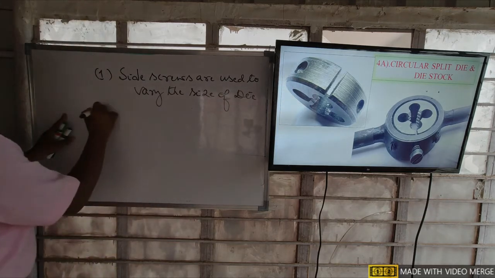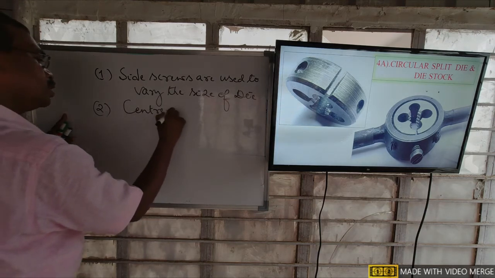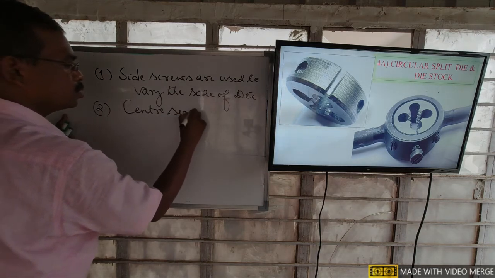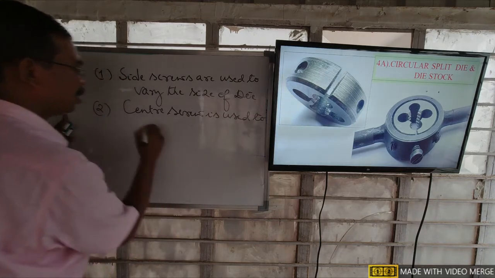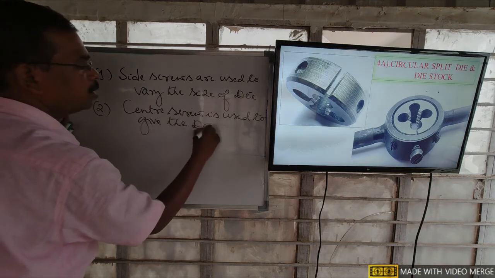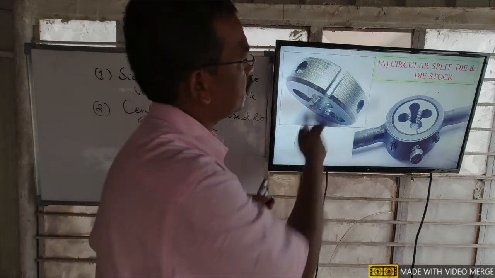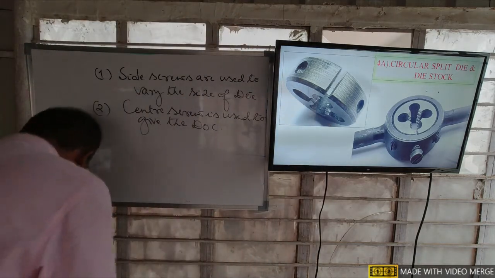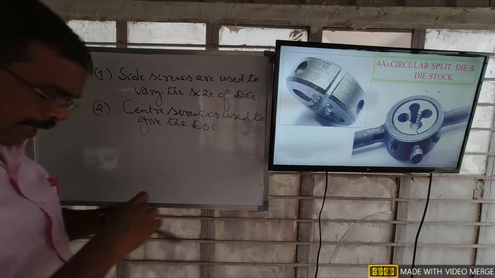Okay, and then the center screw is used to give the depth of cut during the dyeing operation. Okay, so this is about the circular die and die stack, and also I am having this tool here.